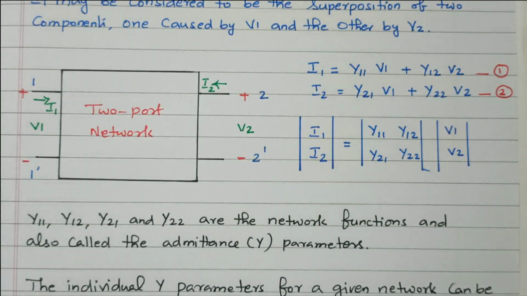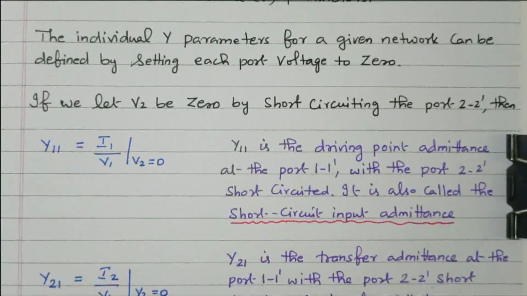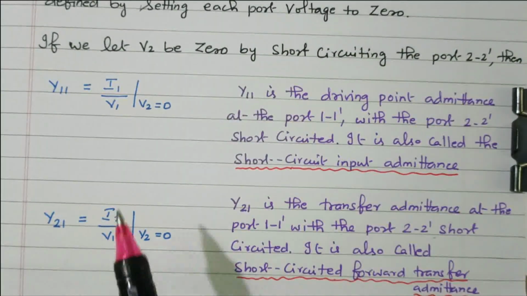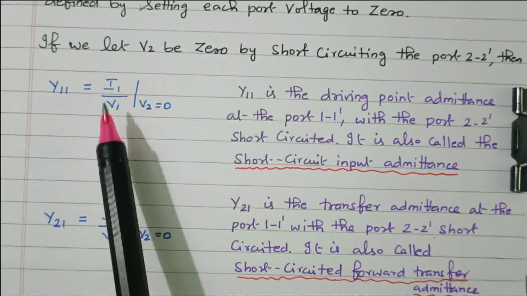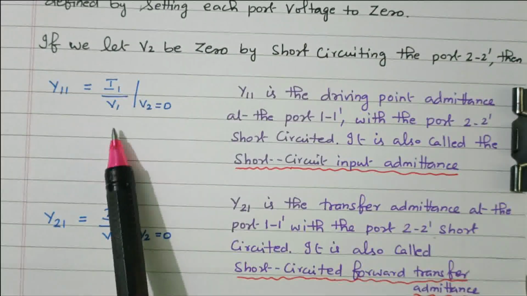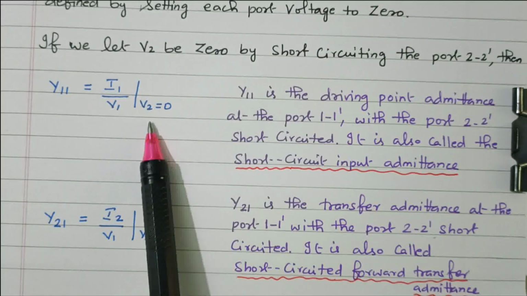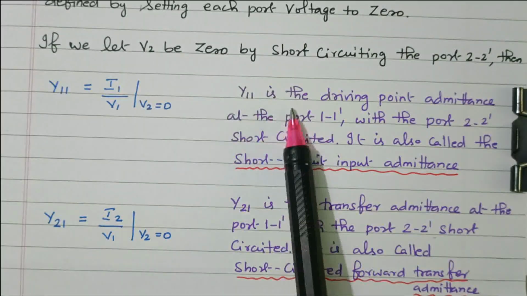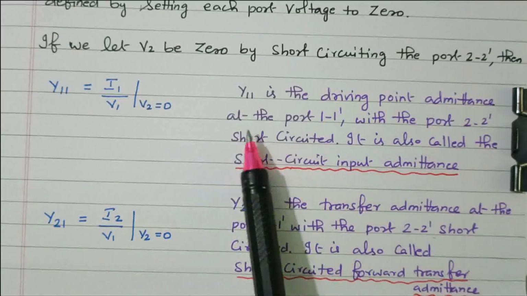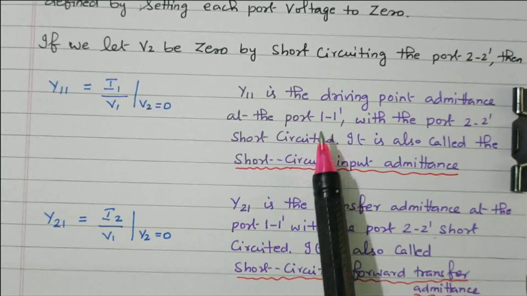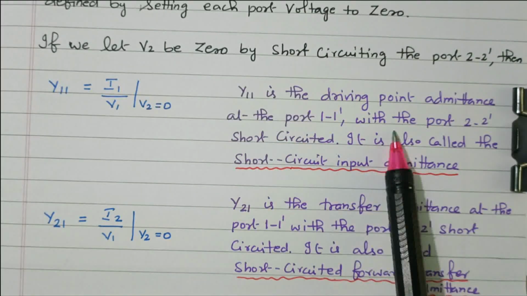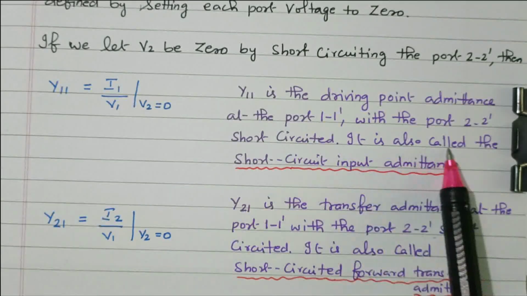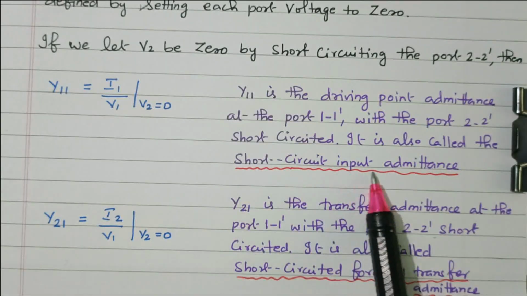Now we'll see in detail. This Y11 is I1 by V1, from the equation we calculated by making V2 equal to 0. What is Y11? Y11 is the driving point admittance at port 1, 1 dash, with port 2, 2 dash short circuited. It is also called the short circuit input admittance.